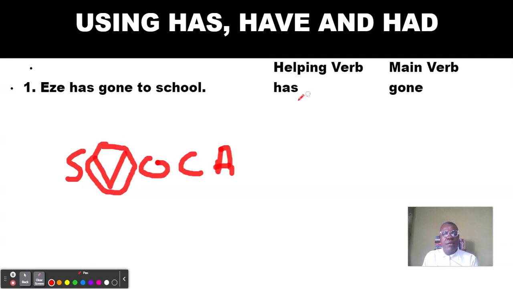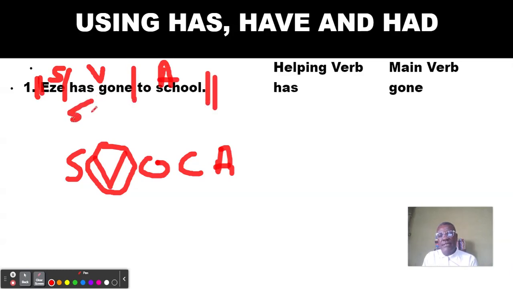And then when you have this sentence, if we analyze it, what we have is S, Eze is the subject, has gone is the verb, to school is the adjunct. So you see that this sentence has the SVA structure. But then our focus is on the verb.